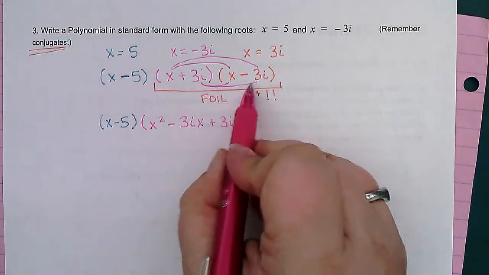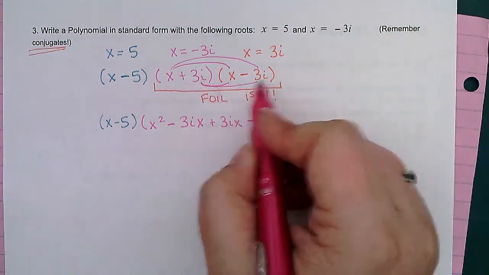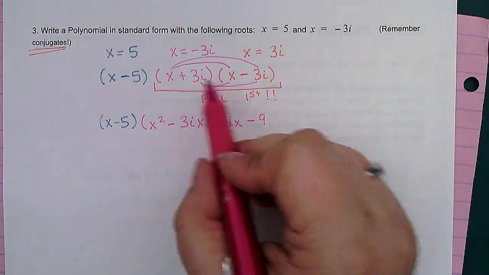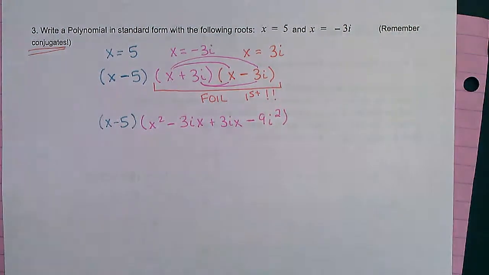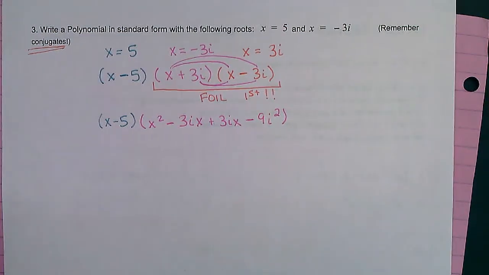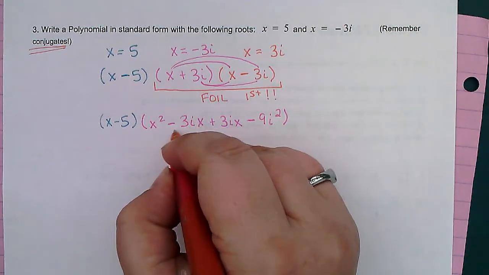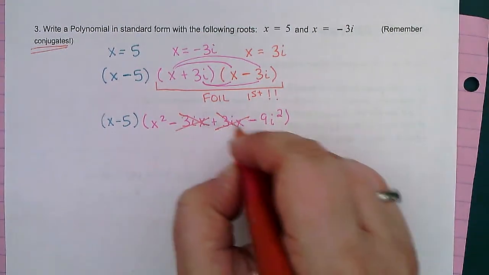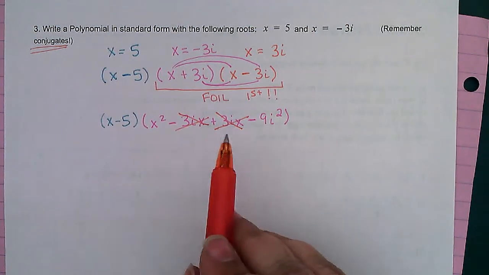Now here I have two numbers. 3 times 3 is 9. And i times i, remember anytime you have the same letter times itself, it is i squared. Now, hopefully you notice that here in the middle I have negative 3ix and positive 3ix. Those are going to disappear because they are the same thing, one with a plus and one with a minus.